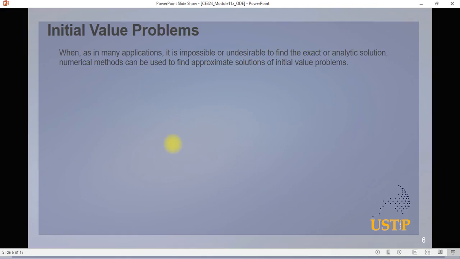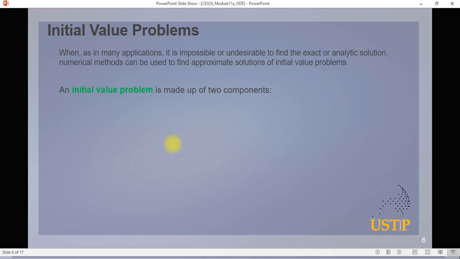So as you notice, Symbolab and other programs or applications on websites use numerical solutions when they can no longer solve using analytical solutions.